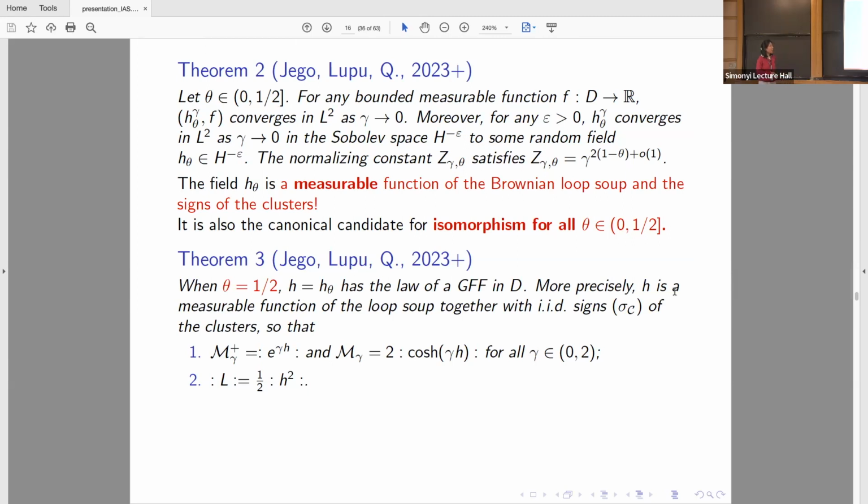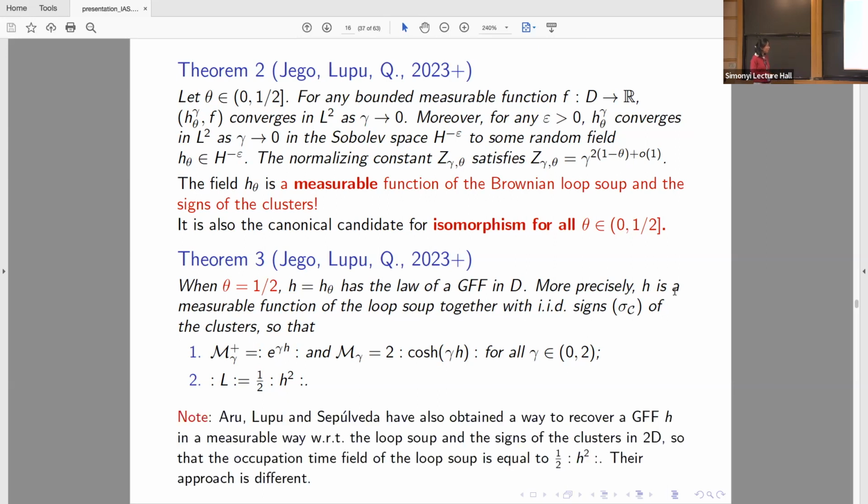Also, the plus multiplicative chaos measure will be equal to a normalized version of exponential of gamma h, and the total multiplicative chaos measure will be equal to 2 times the hyperbolic cosine of gamma h. Then the normalized local time field of the loop soup is equal to 1/2 times the Wick square of this Gaussian free field.